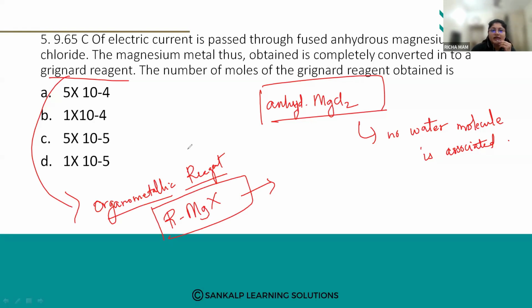So the magnesium metal obtained is converted into its Grignard reagent, RMgX. They have asked how many moles of Grignard reagent are obtained.